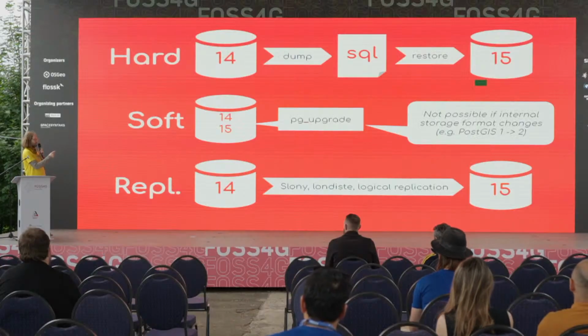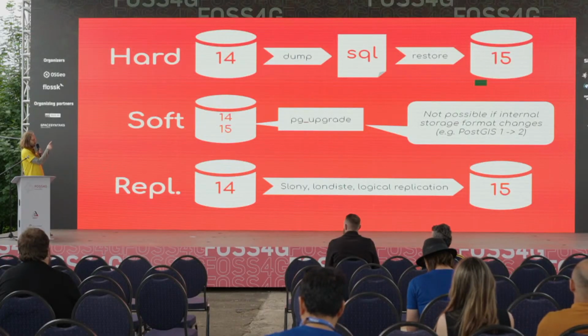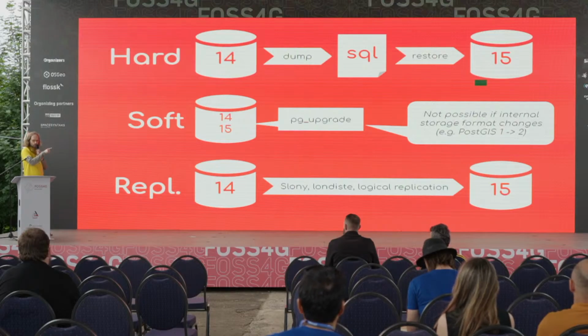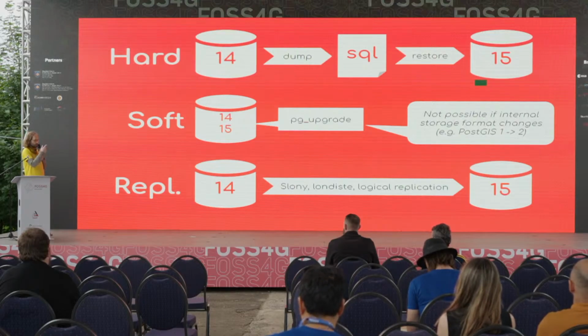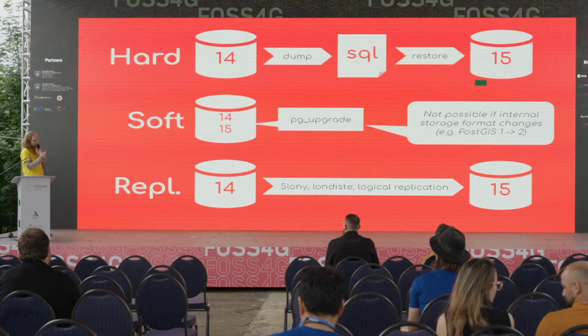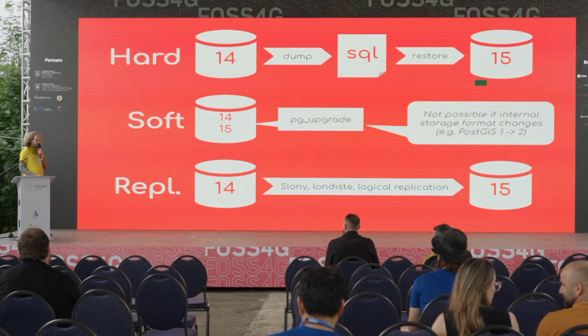In this talk, I will focus on the soft upgrade, because there you just install everything on one server, and then you have just one tool to upgrade all the files, and it usually runs in a few seconds, maybe 1 or 2 minutes, and then everything is upgraded. In terms of downtime, that's way better than doing the hard upgrade.